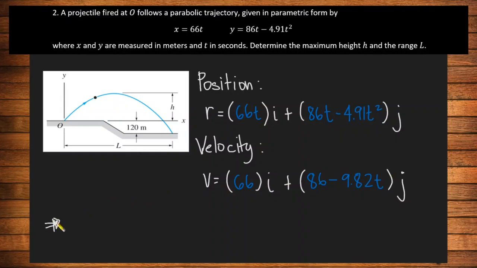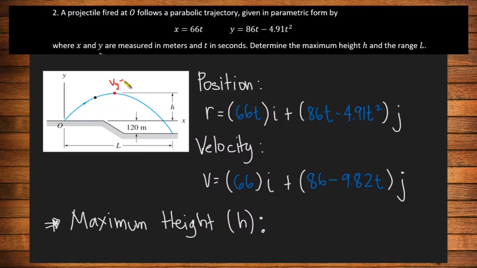So we need to determine the maximum height that our projectile will reach. So if we analyze the motion of our projectile, it will reach its maximum height when it is not moving vertically. Okay, so just before it starts to go down. So yung y component ng velocity natin, that will be equal to 0 at the maximum height of our projectile.